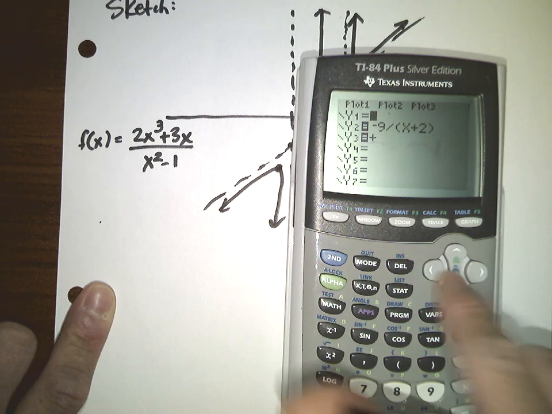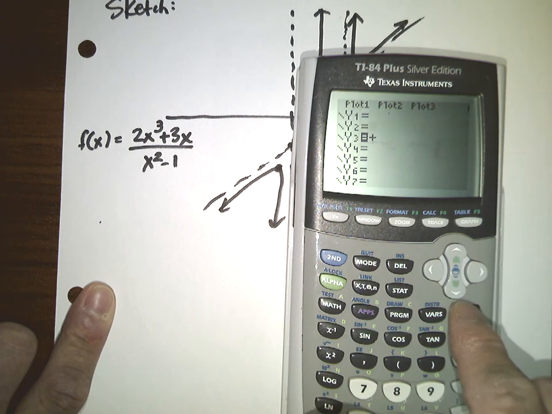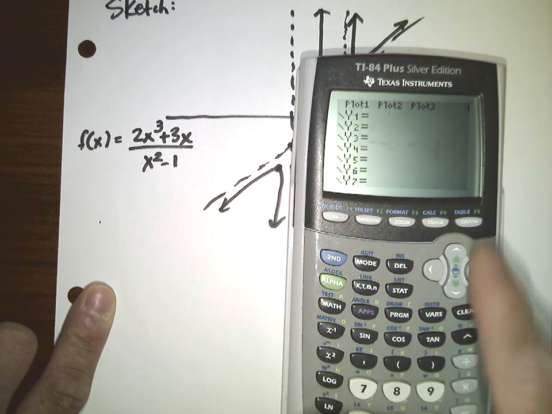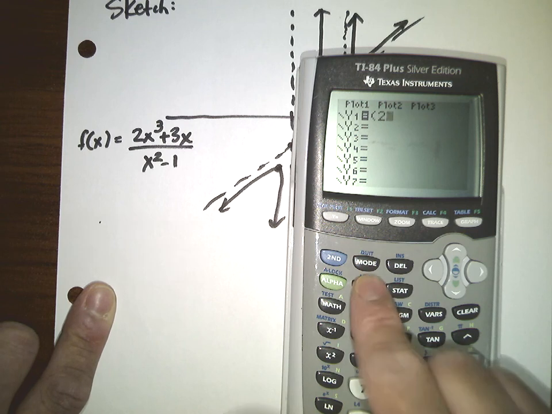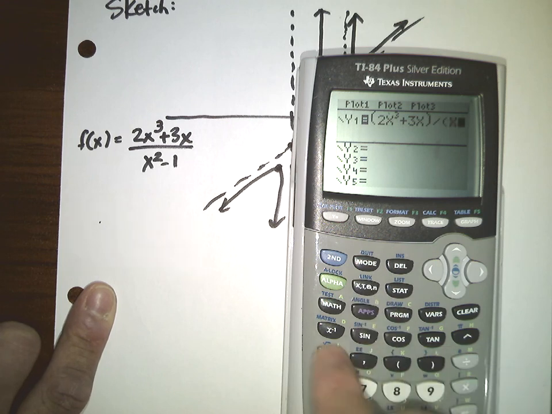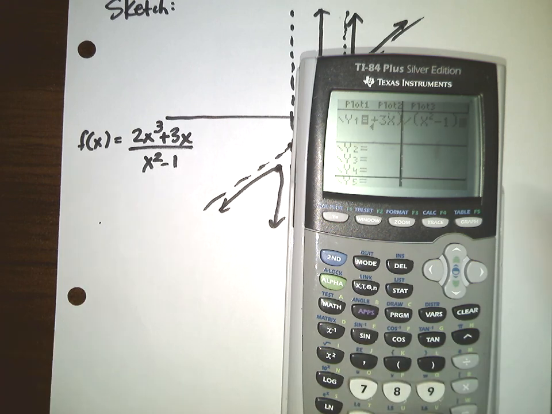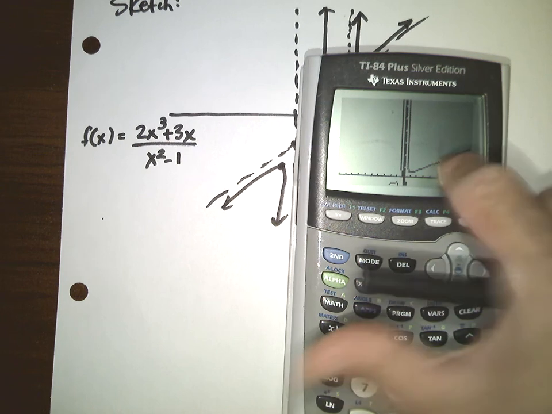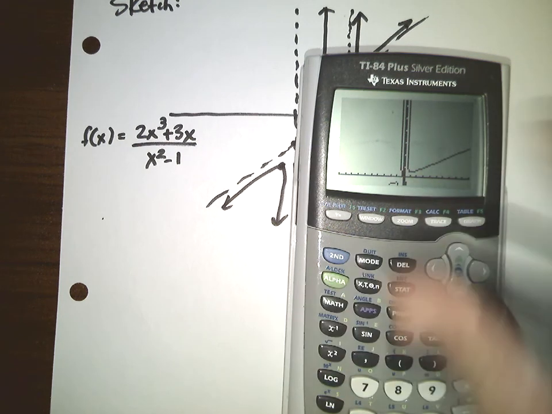If we had 2x to the third plus 3x divided by x squared minus 1, this is what the graph would look like. You can see that it gets really close to y equals 2x.